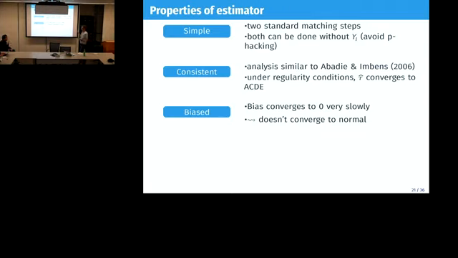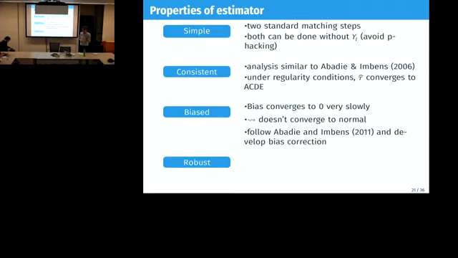So it doesn't converge to a normal at the rate that you would want, and you could get asymptotic bias, or standard errors that are just not accurate. So in the paper we develop a bias correction technique to get around this, and that happens in two stages. And finally, I'll show you in a sec that these are more robust to modeling specification.